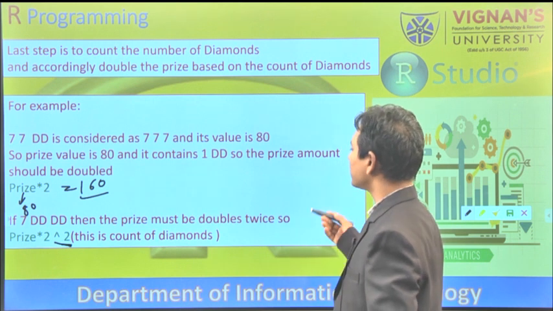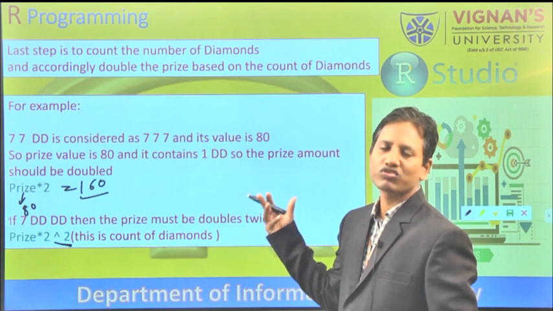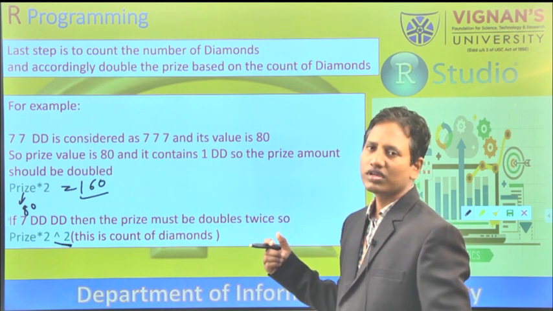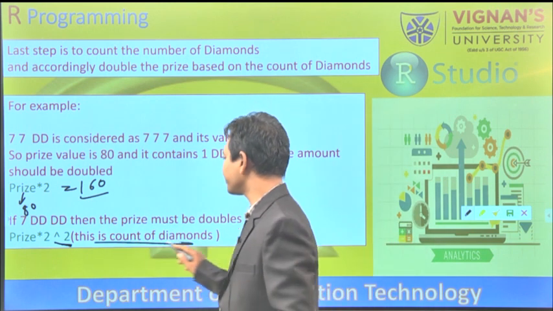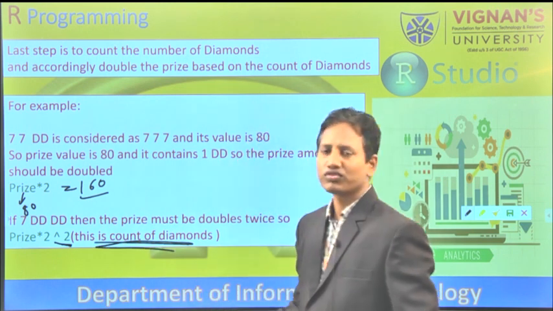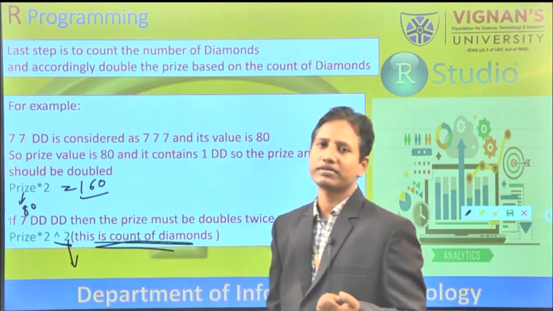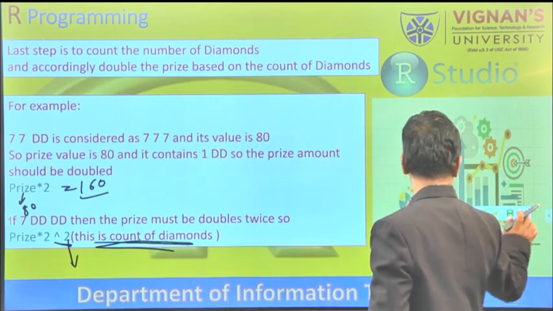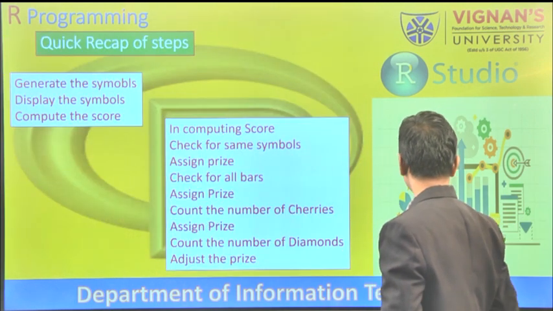This is how we are going to double the amount based on the count of the diamonds. So here we have to mention the count of diamonds, and we are going to put it into a variable called count of diamonds. We will see that code. See this.